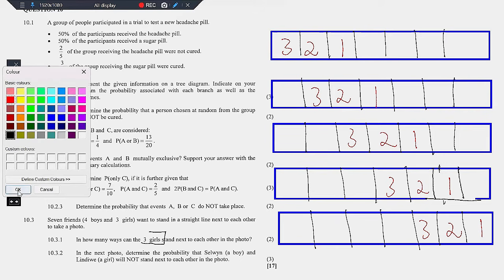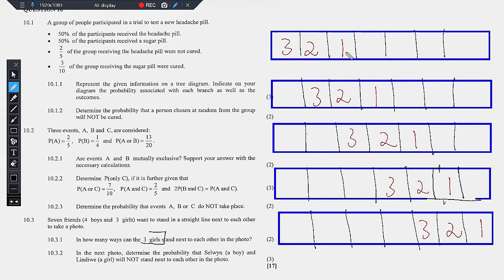Then with the other ones that are remaining, the other 4 friends, they can be arranged just randomly like that. So it will go 4, 3, 2, 1. And then we can just arrange the 4 other friends randomly, as long as they do not mess up the girls here, right?